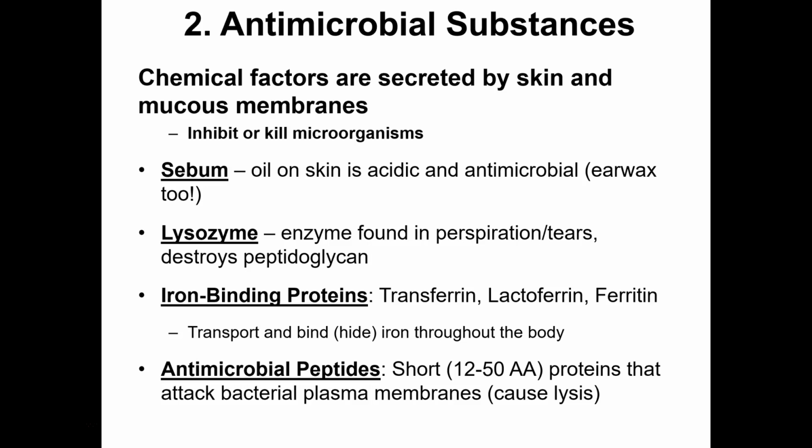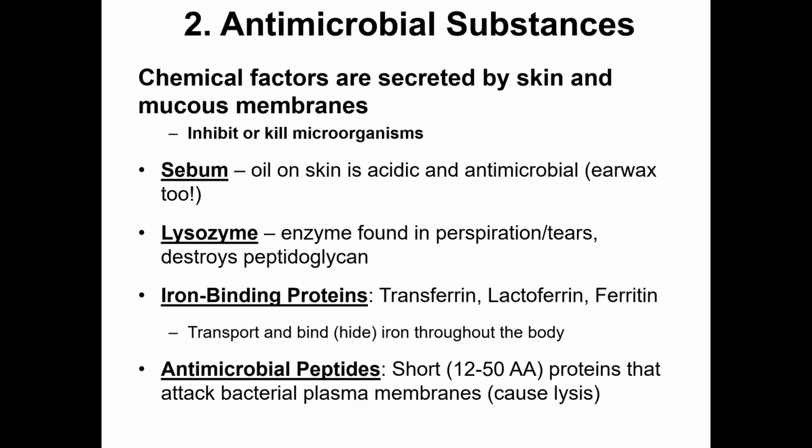And then, and I should look up some good examples, so I'm not as familiar with these. We make antimicrobial peptides. Think a really short protein with a short string of amino acids, upwards of 50 amino acids long. So it's not a functional protein. Proteins are hundreds of amino acids.